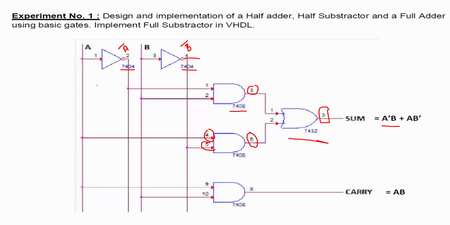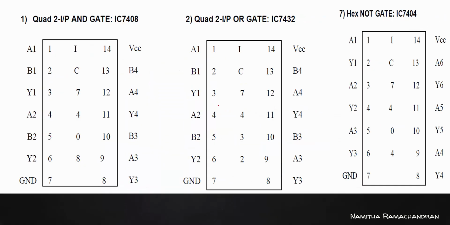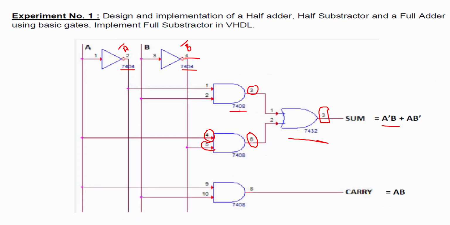Okay. So you have to practice always like this. Draw the diagram neatly in your notebook, then mark the IC numbers properly and refer to the pin diagram and mark input output ports like this. Then it will be very easy for you to implement any complex circuit without making any mistakes.